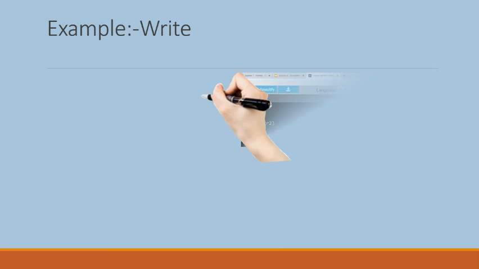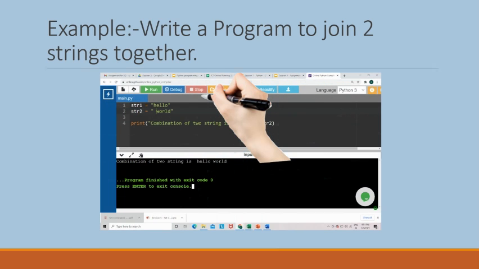Now I'm going to give you a very quick programming example. The example is: write a program to join two strings together. A string is also a kind of variable. You can see these are the strings.